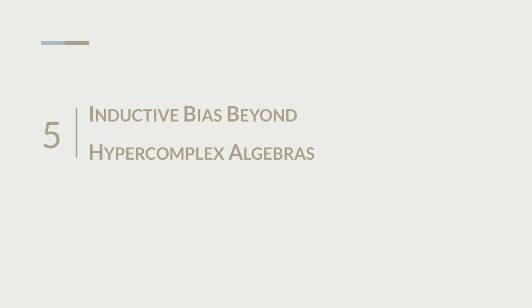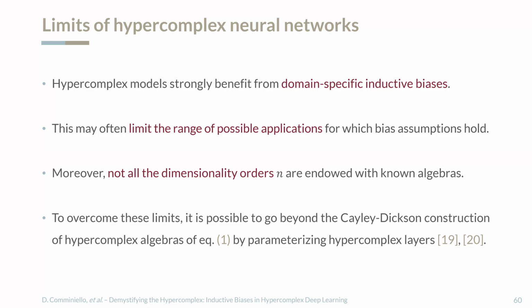One of the drawbacks of the hypercomplex algebra is that, of course, we are very related to the order of the algebra, and the order is a power of 2. So actually we can move from 2 to 4, but we don't have 3, and so we don't have 5 as order.